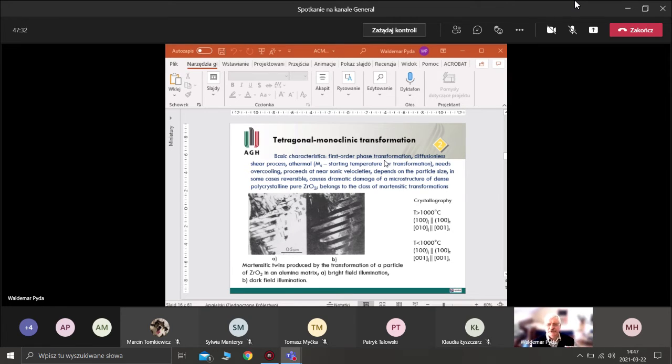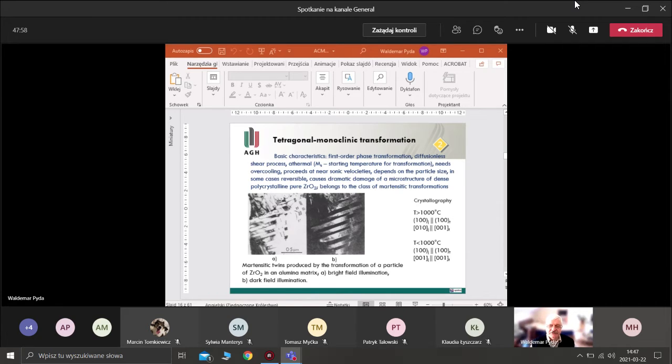Okay, the first question for Ms. Claudia Wyszczarz was concerned with the view of the grain before and after transformation.